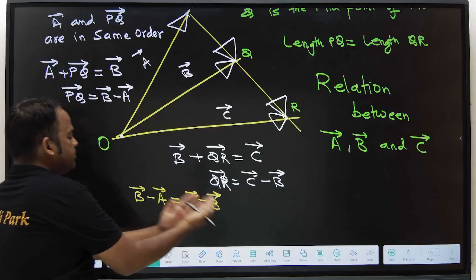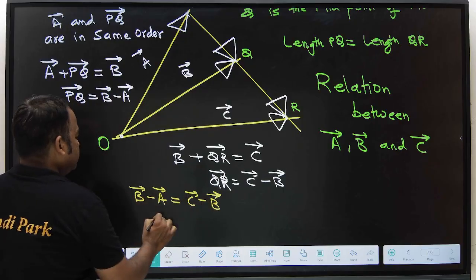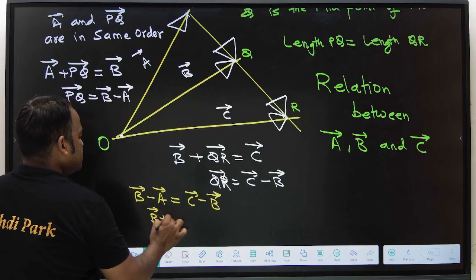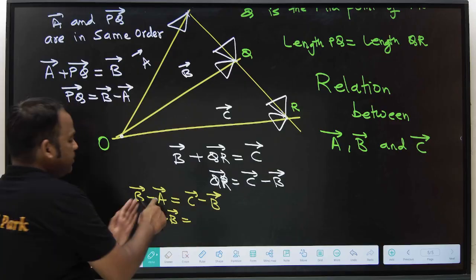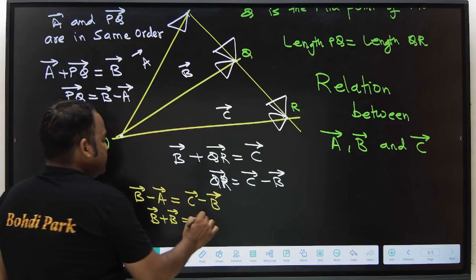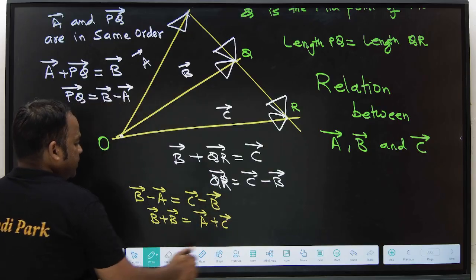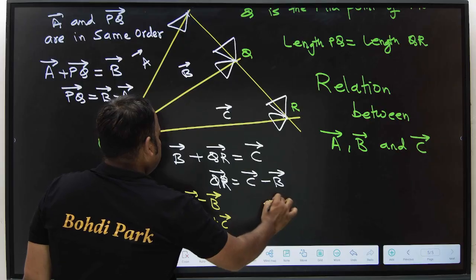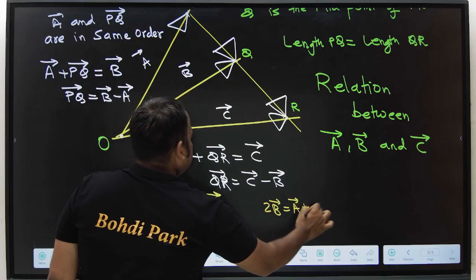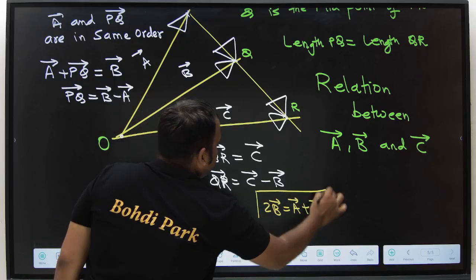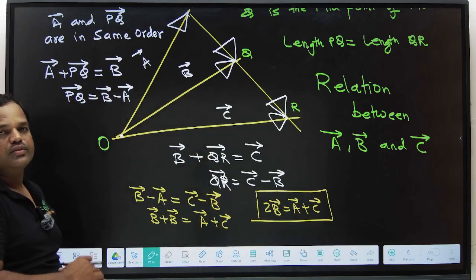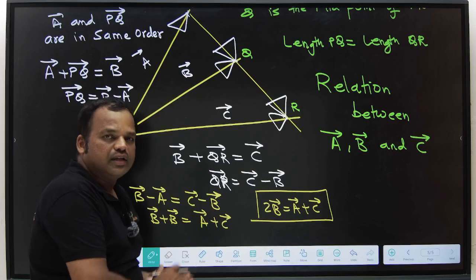Now take minus B vector on the left side, so this will become B vector plus B vector, and minus A vector on the right side will become A vector plus C vector. So that will be 2B vector is equal to A vector plus C vector, and this is the answer. This question is solved using triangle law.